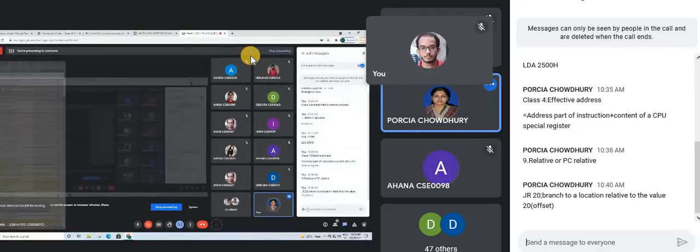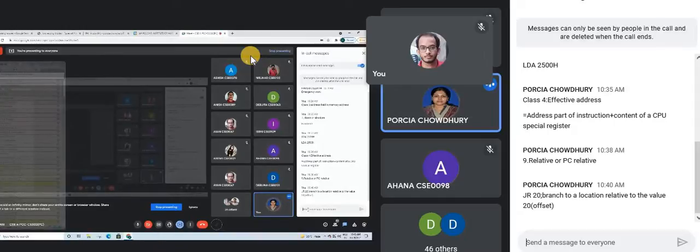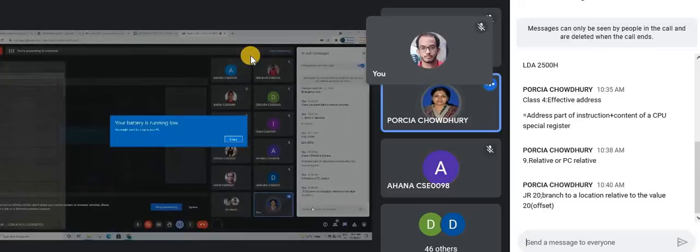What does it mean? It means branch to a location relative to the value 20. This 20 value is basically your offset value. Now suppose the content of the program counter is 2000.